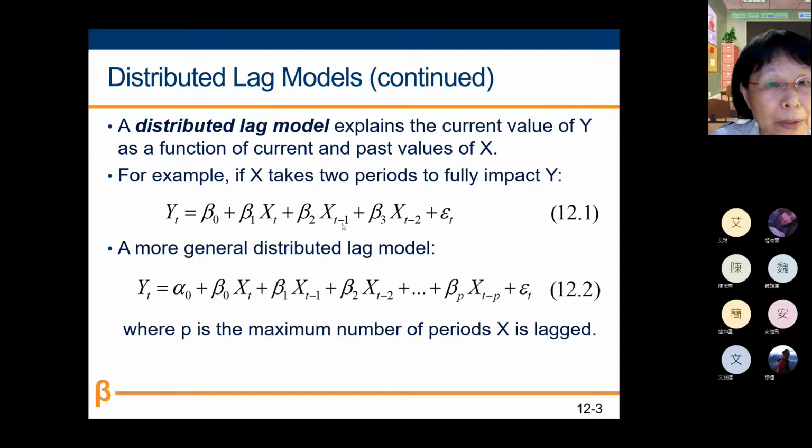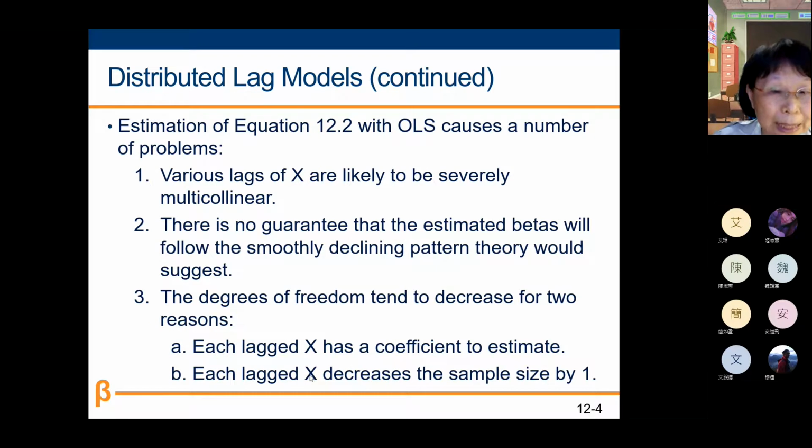Therefore, for the whole model to be used, the data need to be reduced by 2 time periods. So the sample size should decrease by 2 years, with t-1 and t-2. This is what we mean: each lagged X decreases the sample size by 1.